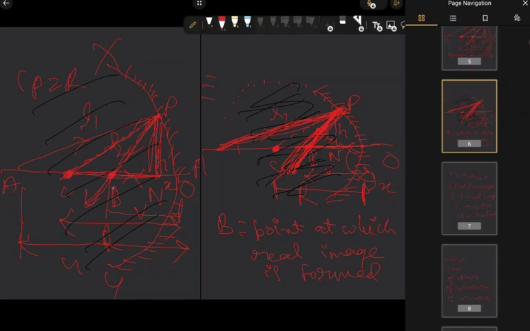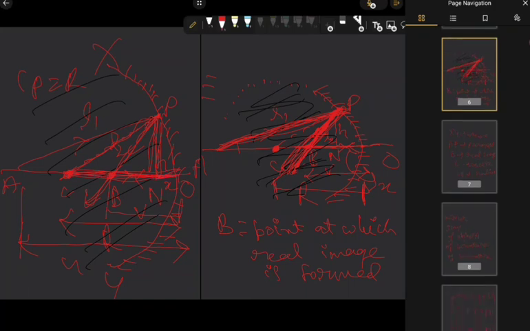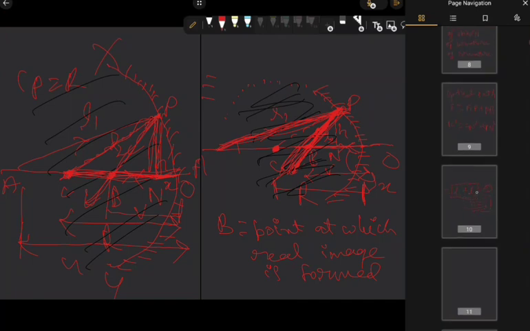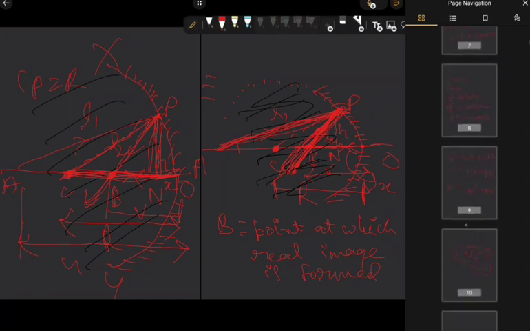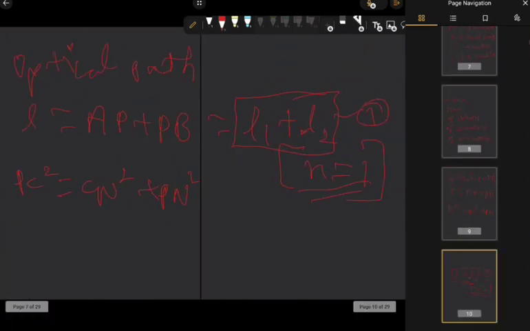And what is this Cn? Cn is equal to OC minus On, right? So you got it. So we will write over here: that is equal to OC minus On whole square plus Pn square.